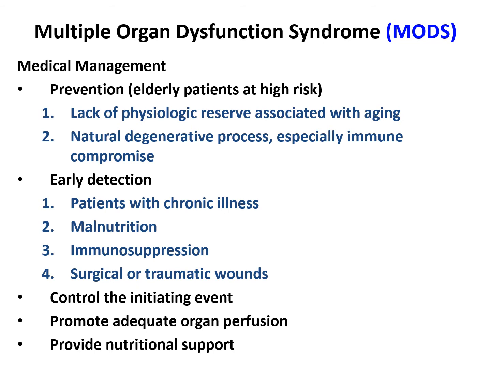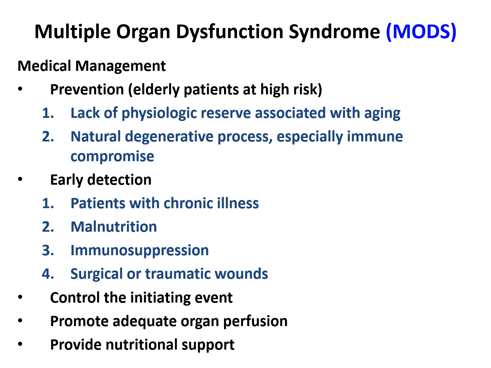Early detection is a key. We need to screen our patients, especially our patients who are acutely ill and critically ill. The patients with chronic illness are at higher risk. Malnutrition, immunosuppression, surgical patients, and patients with traumatic injuries or traumatic wounds.